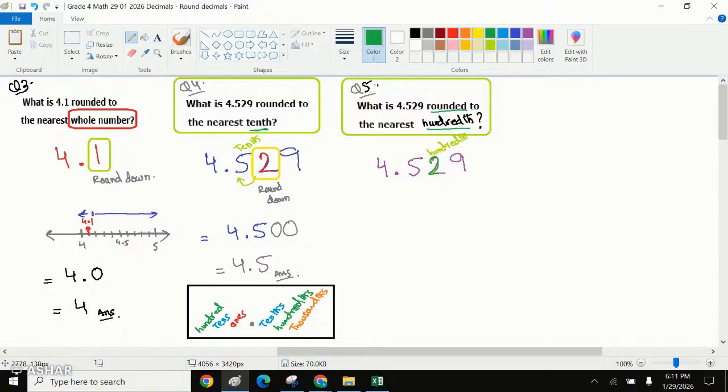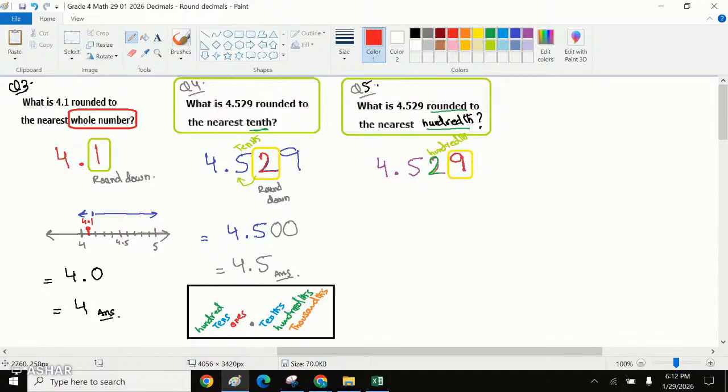So what is after the hundredth? After the hundredth is the thousandth position. If we need to retain till the hundredth, we need to look at the thousandth position, the next number after the hundredth. Over here, the next number after the hundredth was 9 on the thousandth position.